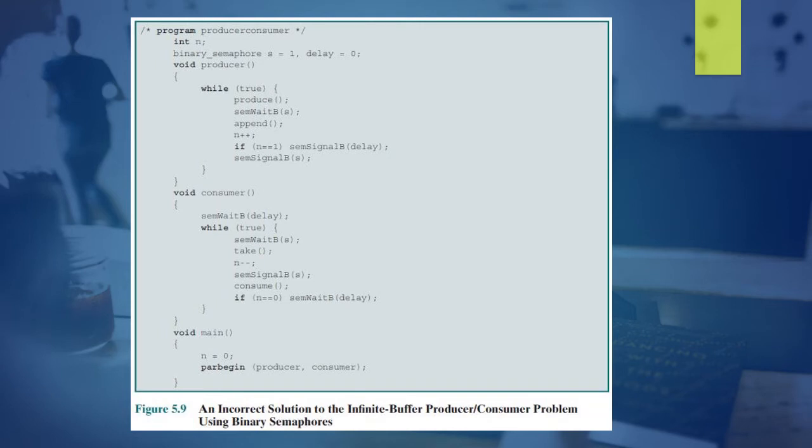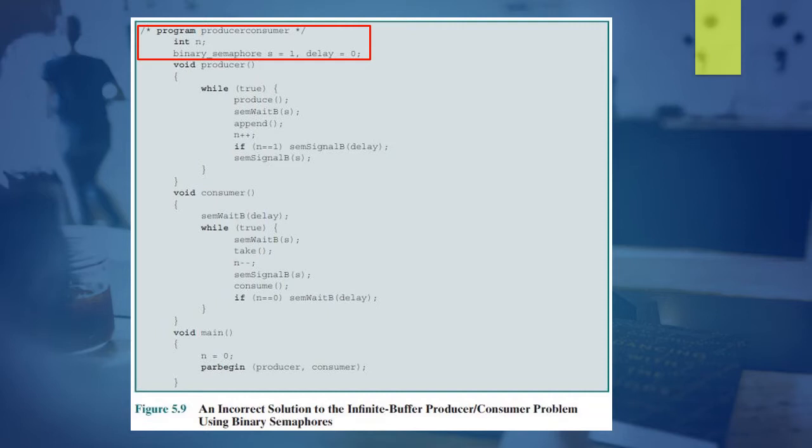In our first attempt, we try to implement the producer-consumer problem with infinite buffer using binary semaphores. In the start, we define a global variable n to keep track of the number of elements ready to be consumed.